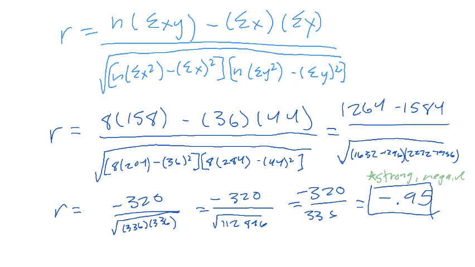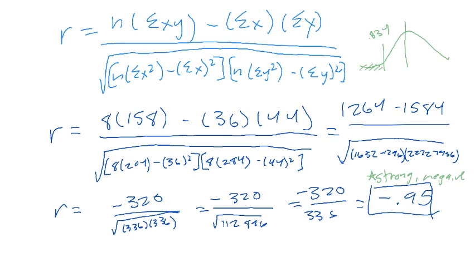So how strong is it? Is it strong enough to surpass our critical value? And what was our critical value? It was something like 0.834. For the sake of argument, we'll put it on the negative side. But remember, it doesn't matter because we're just talking magnitude anyway.